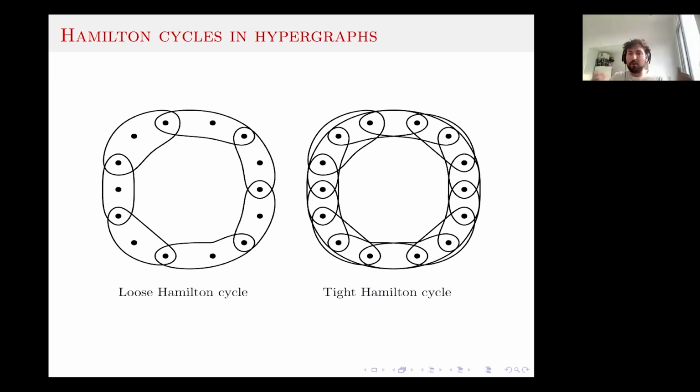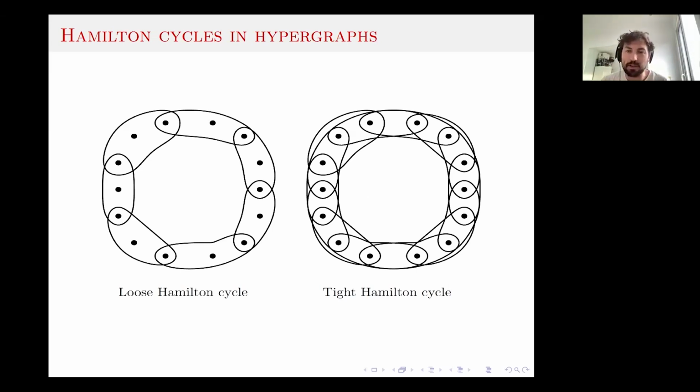On the left is the loosest possible, what we call a loose Hamilton cycle, where we take some cyclic order of vertices and some cyclic order of edges, and consecutive edges intersect in just one vertex. On the other extreme you have tight Hamilton cycles, where consecutive edges intersect in k-1 vertices.